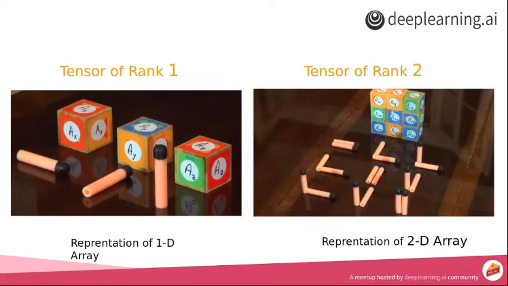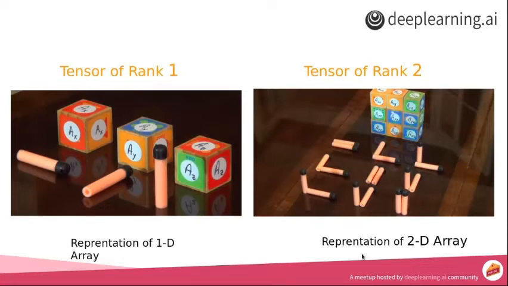And if this is axx, axy, axz, in this representation, one component is associated with 2 directions. As you can see, this component is associated with 2 directions, x and x. This component is associated with direction x and y. So this type of representation is known as a tensor of rank 2.